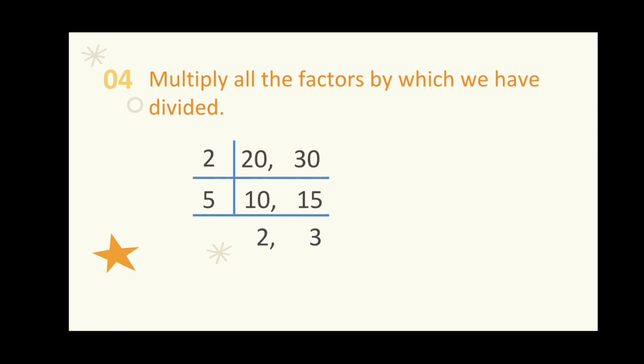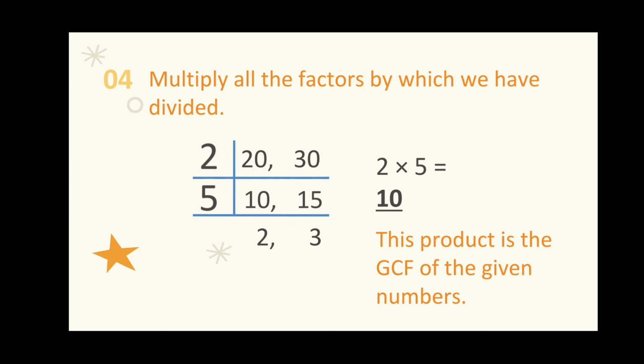So this time, ang i-multiply lang natin ay ang mga factors, hindi nakasama yung mga natirang numbers sa ilalim. Okay, so we have 2 and 5 only. So 2 times 5 equals 10. This product is the GCF of the given numbers. Therefore, the GCF of 20 and 30 is 10.